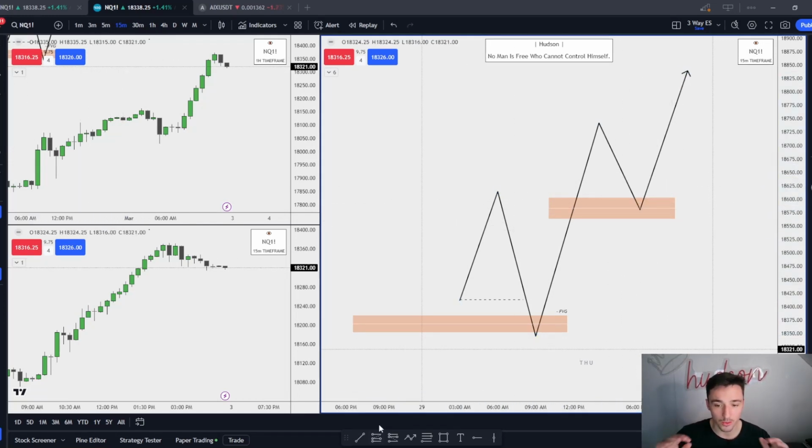So not only do we have the unicorn, the breaker block and fair value gap, we have a turtle soup, which is pairing orders underneath a low or a high. And then if we have a higher time frame PD array, that is giving us a lot more conviction to enter into this trade, right?